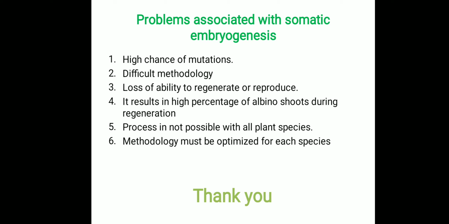Somatic embryogenesis also results in a high percentage of albino shoots during regeneration, and the process is not possible with all plant species. Only those plants responsive to this kind of differentiation can successfully produce somatic embryos. And finally, the methodology must be optimized for each species. Even within a species, from variety to variety or genotype to genotype, we have to optimize. So thank you.